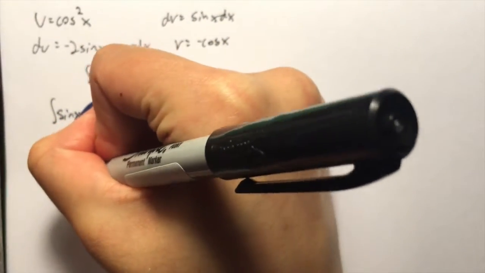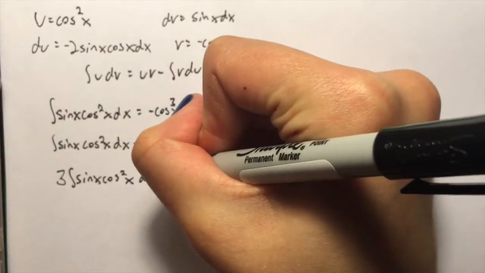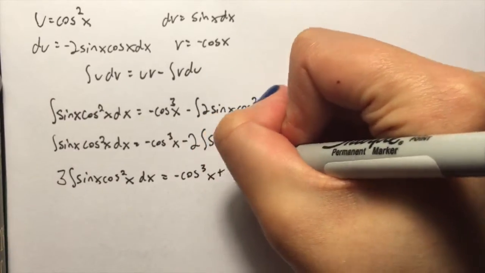This allows you to add over the integral, so you have 3 times the integral of sine x cosine squared x dx equals negative cosine cubed x plus c. Don't forget the plus c.